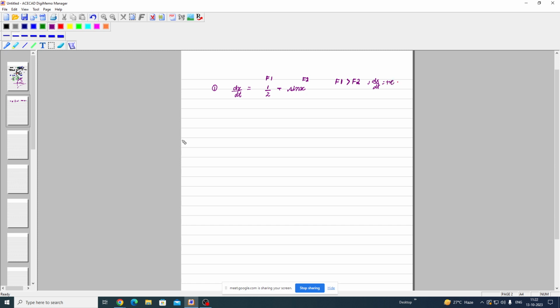If function 1 is less than function 2, then dx by dt will be negative. If function 1 is equal to function 2, then dx by dt will be equal to 0, and we will be dealing with a situation where we have fixed points.